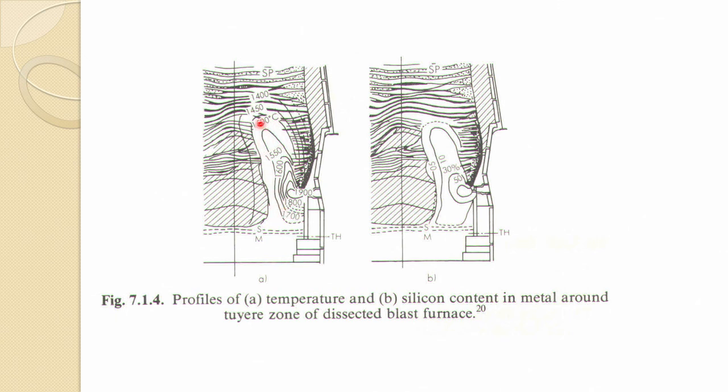These are the isotherms of the temperature near the TUR region, and this is the silicon content in the hot metal, which is directly related to the temperature. As the temperature is higher, SiO formation is certainly quite high. So in this region one can expect very high SiO formation, which is also indicated by the metal picked up through this zone. So, very high content of silicon, and it is very well established that silicon transfer occurs by a gaseous phase.